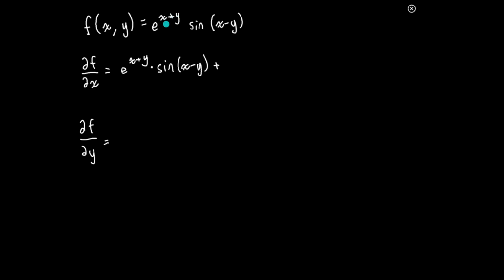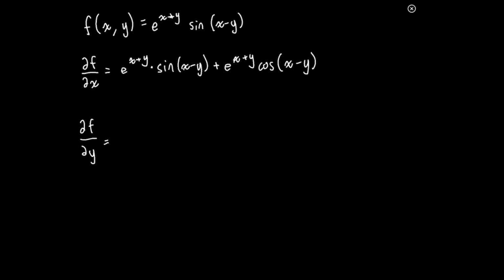This time we'll keep the first part the same and do the derivative of the second part. Well, the first part stays the same, so e to the x plus y. Derivative of sine is cosine, and then x minus y, because the derivative of sine of x plus some constant is just cosine of x plus some constant.